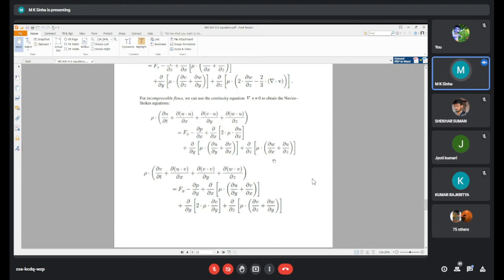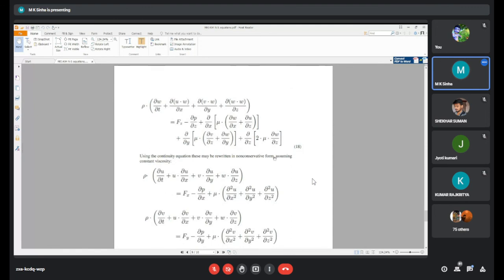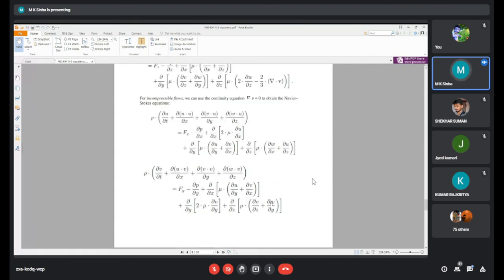Here again the continuity equation is applied, which I have not written. Then this equation will become, from the continuity equation, mu dot del 2u by del x square plus del 2u by del y square plus del 2u by del z square along the x-axis. It is not so simple. Again I am telling, it is not.